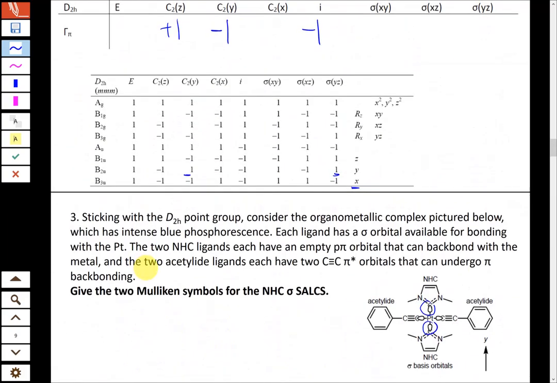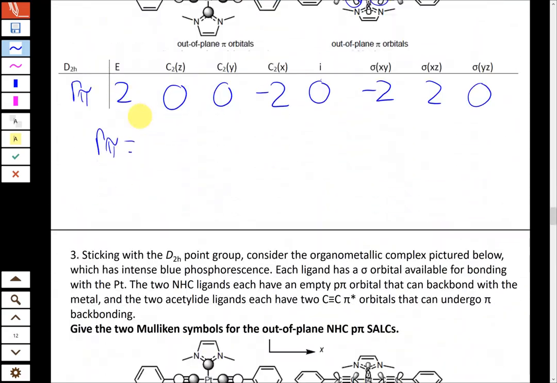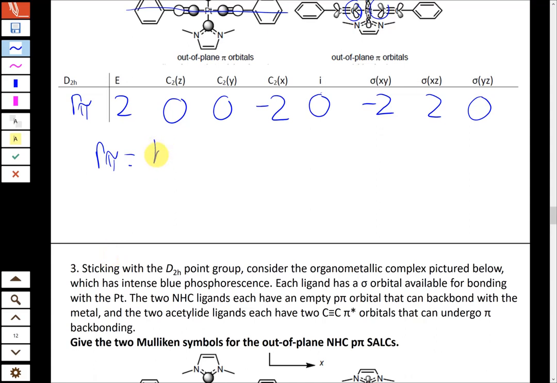So if we find the representations that have that -1 for x and xy, +1 for xz, that's going to be B2G, and the other one is B1U. So we get B2G and B1U when we reduce that. I'm not going through all the math on that, but just doing it sort of by inspection. So B2G plus B1U for that.